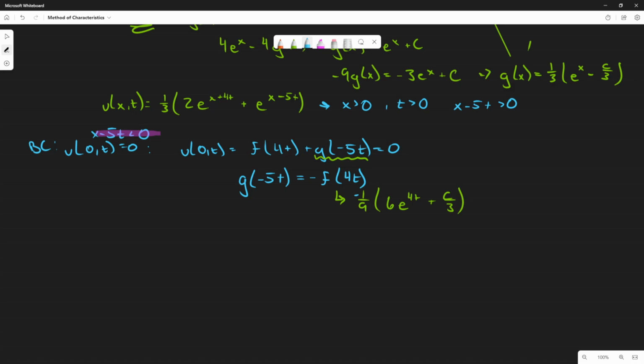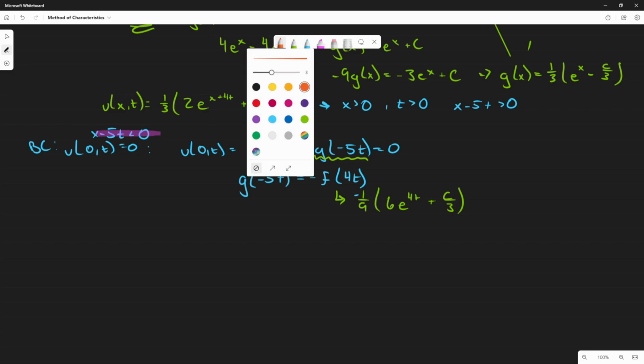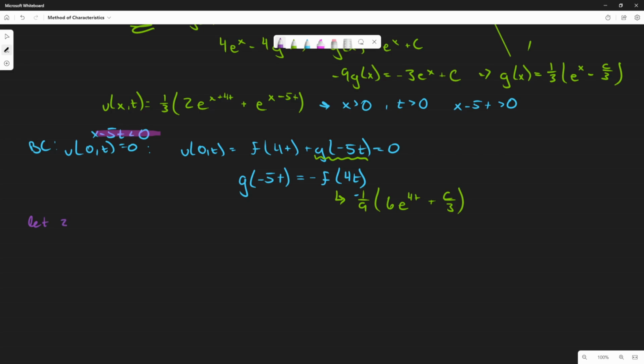So now we're going to do a little bit more manipulation. We're just going to transform negative 5t into a single variable. Let z be equal to negative 5t, so that means t is equal to negative z over 5.